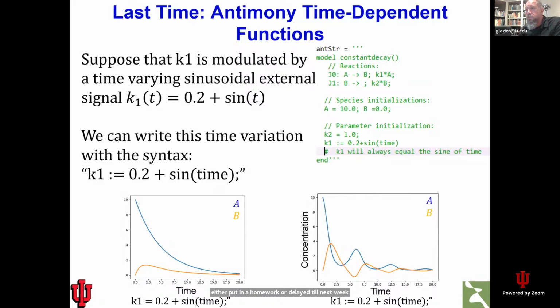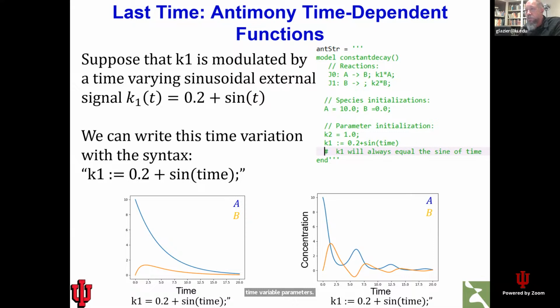So in terms of coding, last week we talked about defining time-dependent functions using the colon equals syntax. Very simple change in our code, but it's useful to be able to do that. So you can then declare time variable parameters if you want.